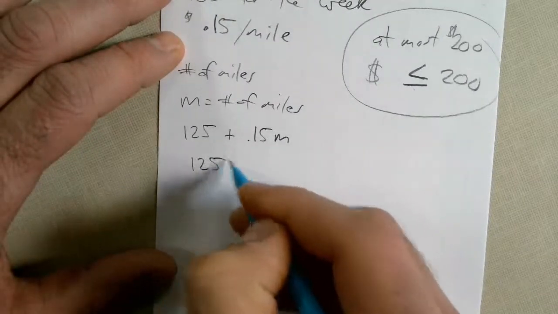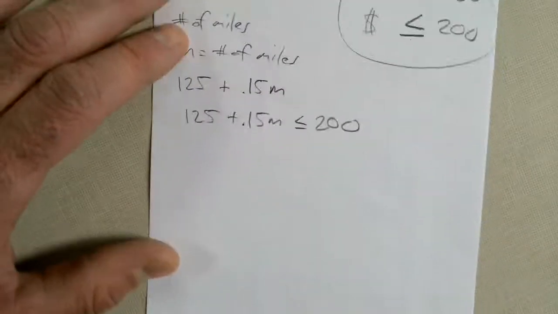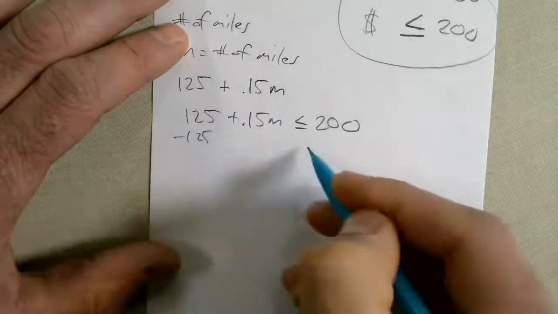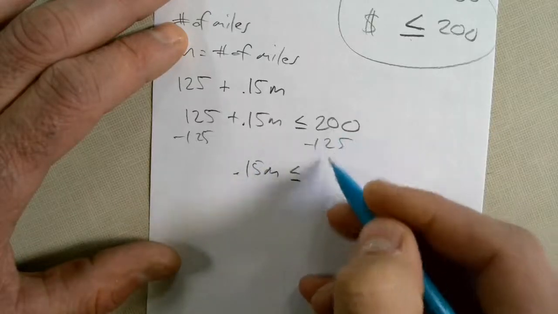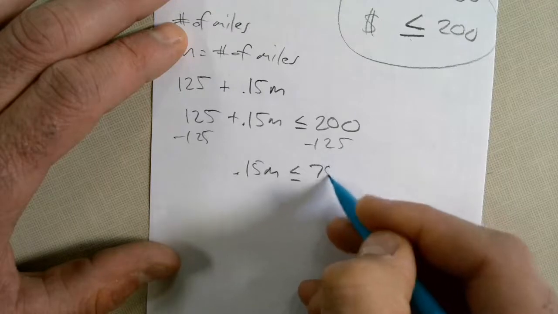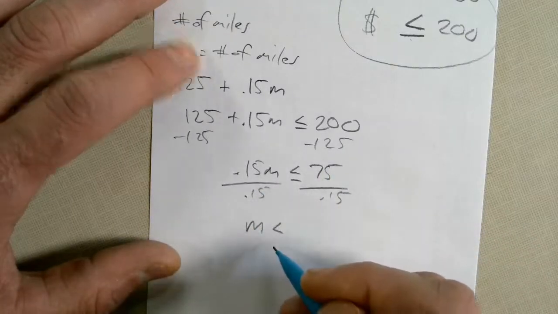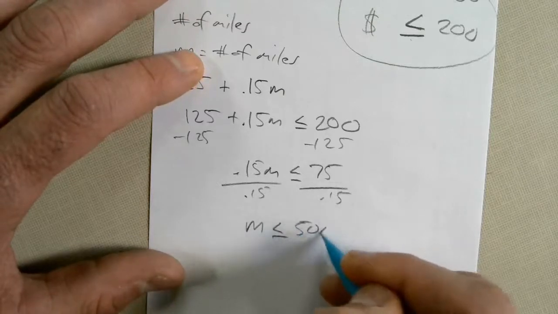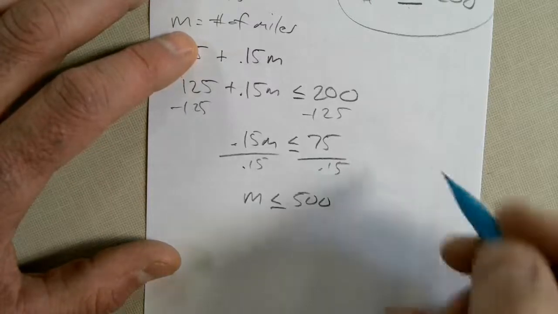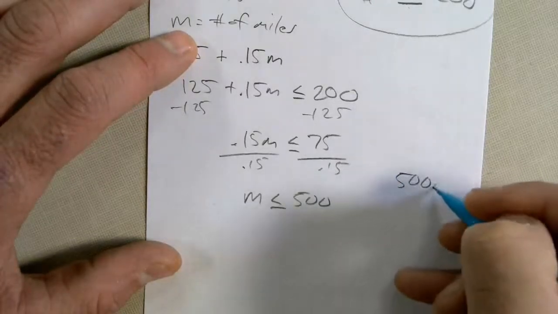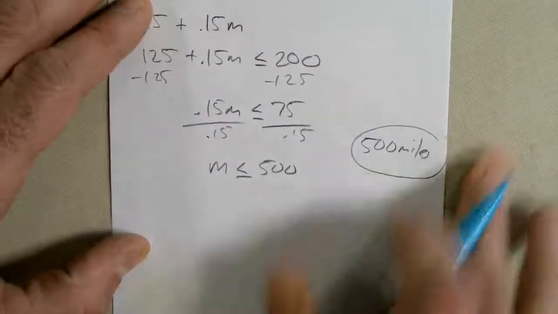The total cost has to be less than or equal to $200. Let's solve it for the miles. So we have 0.15m is less than or equal to 75, divided by 15 cents. The miles he can go have to be less than or equal to 500. So what is the most number of miles to the nearest mile? He can go 500 miles on his trip. He can go up to and including 500 miles.